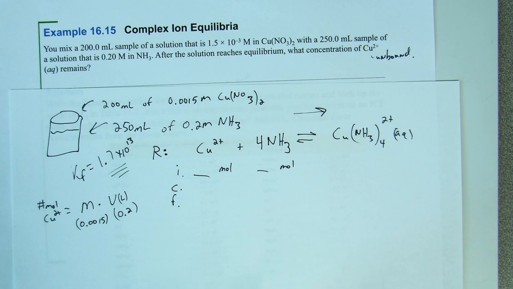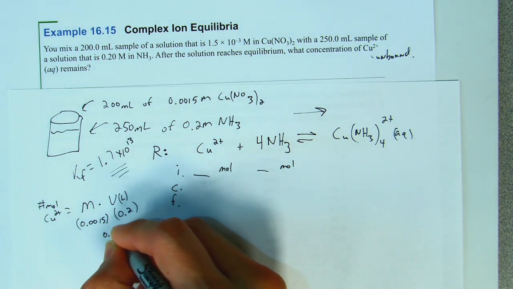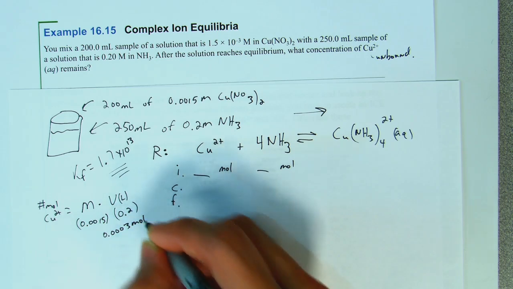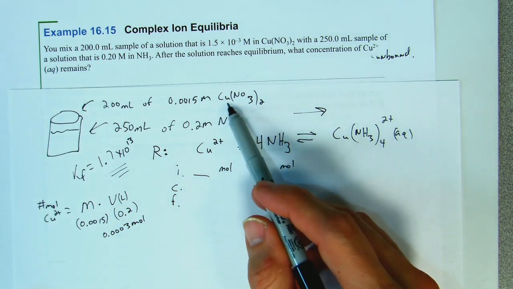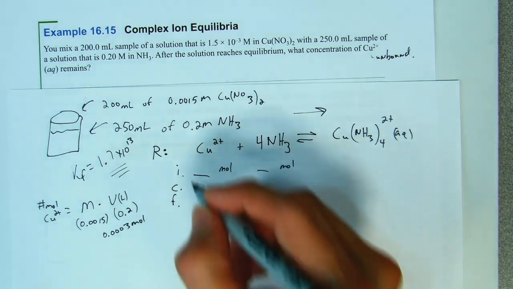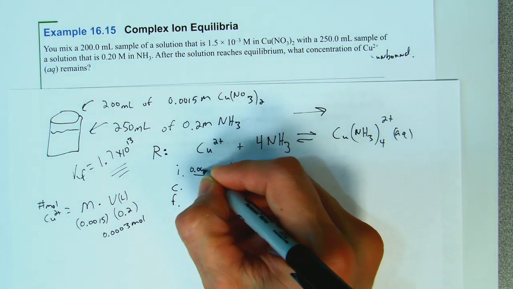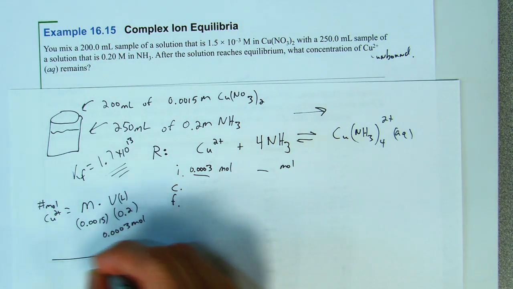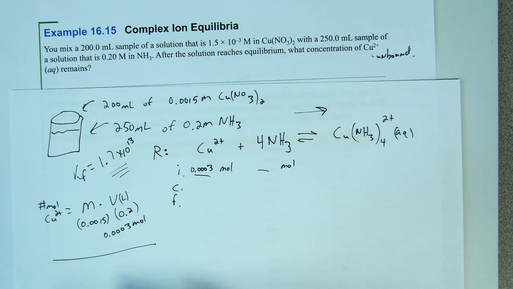So pretty quickly, I can multiply 0.2 on my calculator times 0.0015 and come to the conclusion that I've got 0.0003 mole of this salt. And since I get 1 copy of copper per mole of the salt, that's how many moles of copper I've got, 0.0003. Now likewise, how many moles of ammonia?